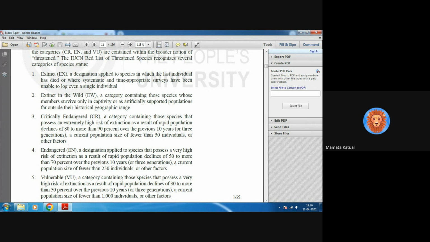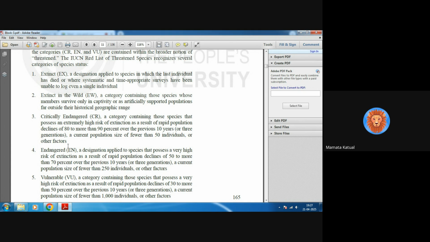If we study today, it is 2025, then from 2015 to 2025, within this 10 year period, if 80 to more than 90% of the population or the members decrease, then we keep it in the critically endangered category.